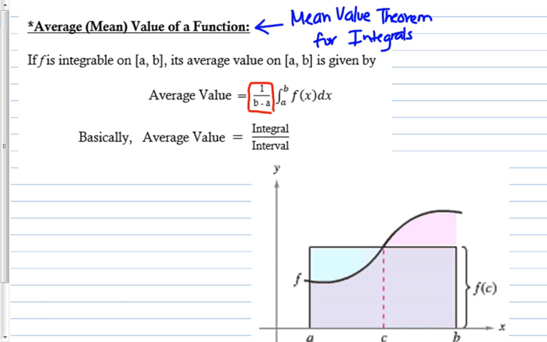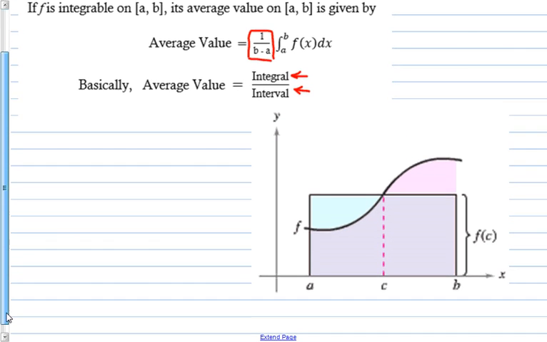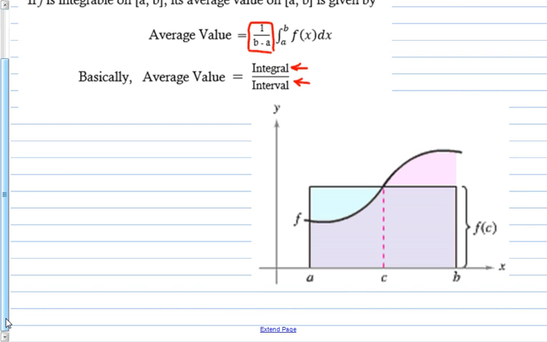That's why basically the average value is just the integral divided by the interval. Now, what the mean value theorem does is when we find our average value, that average value will get us this number right here. It gets us x. We can work backwards to find this x.